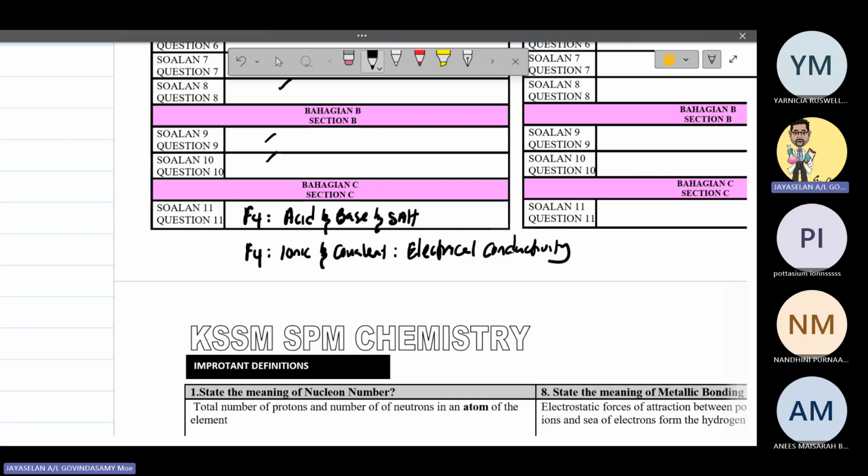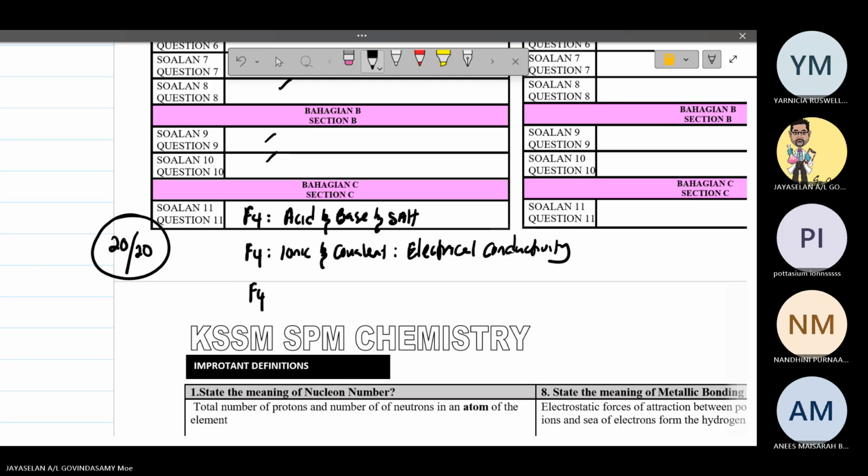But I test with solid Y, and the voltmeter needle deflects when it melts. Describe the procedure, observation, and state the example of the compound. There are two questions in this module. One, I already give the answer. Another one, I want you to do, so you design it. So one more form 4, 4 experiments only. That means this question number 11, you must score 20 over 20.